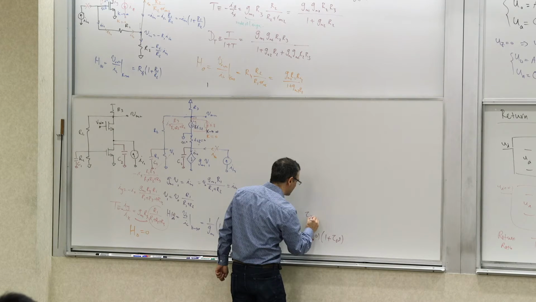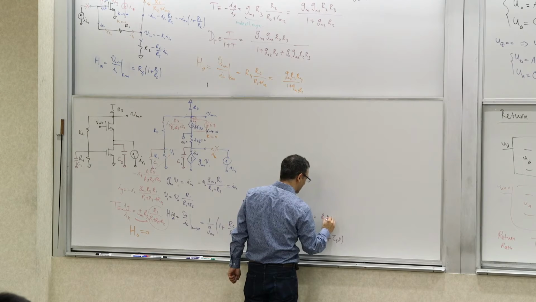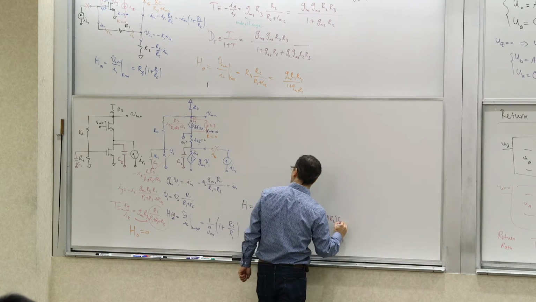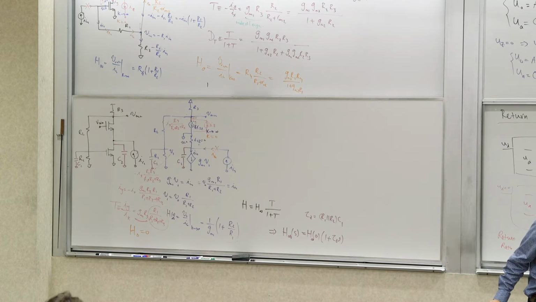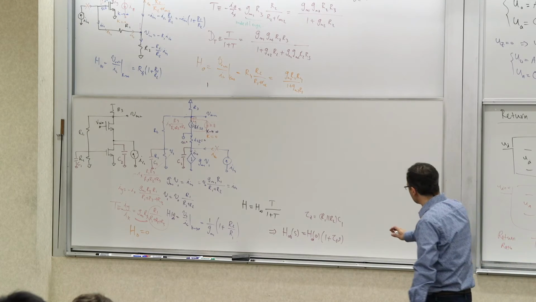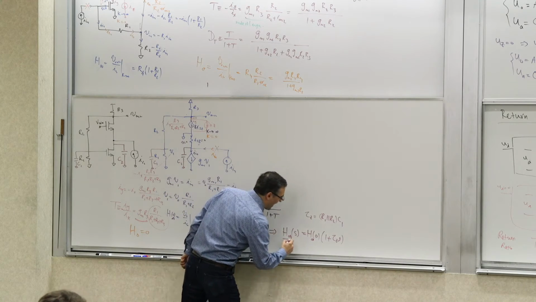And tau z here was, if I'm not mistaken, R1 parallel R2 times C1. Actually, it's R1 C1. No, it's correct. R1 parallel R2 C1. This was correct, what I said. Okay, so that's the way H infinity changes.